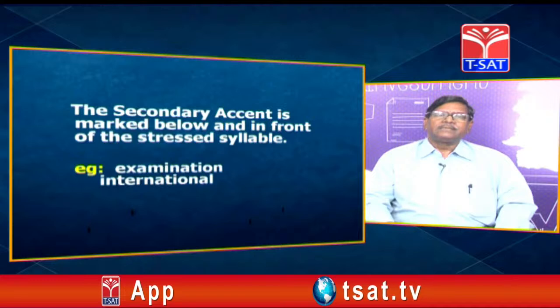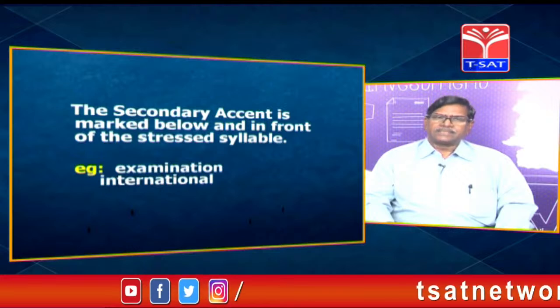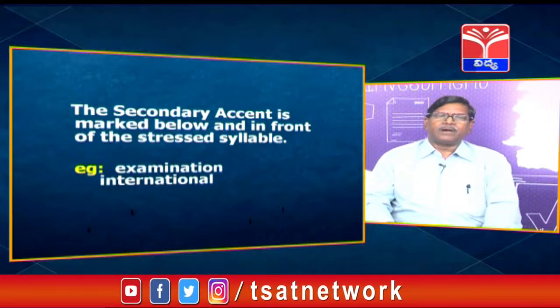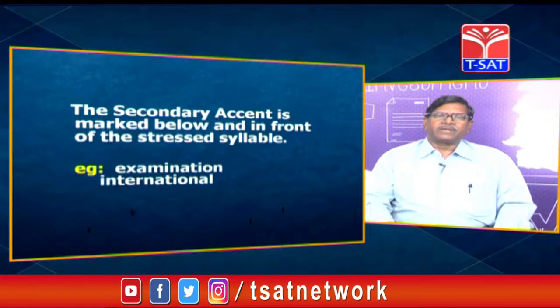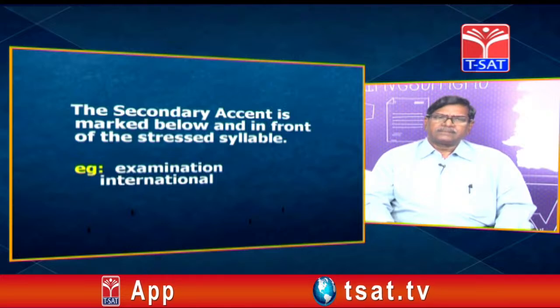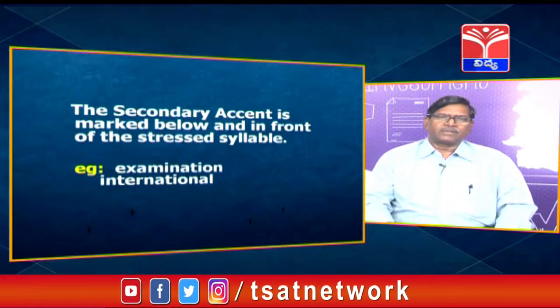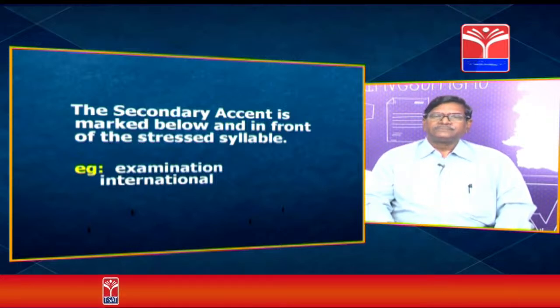That is why in the word examination, the syllable nay is marked with primary accent, that is before and above the syllable, and the second syllable is marked with secondary accent, that means before and below the syllable.